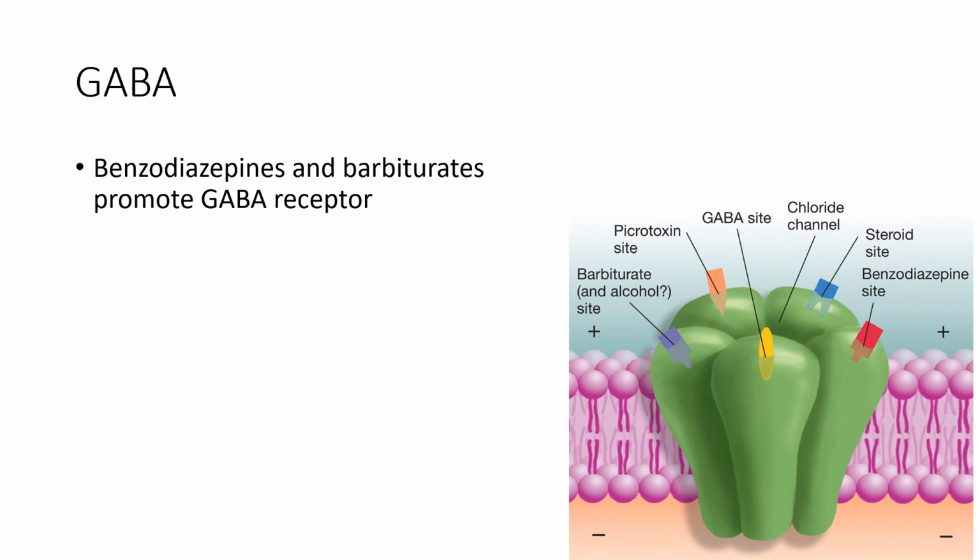These drugs interact with the GABA receptor and actually promote GABA, or increase the availability of GABA and reception of GABA. So GABA, again, is going to produce an inhibitory reaction, or a calming reaction, from the body. It's going to calm down the excitatory neurons or the excitatory system and produce a calming effect.